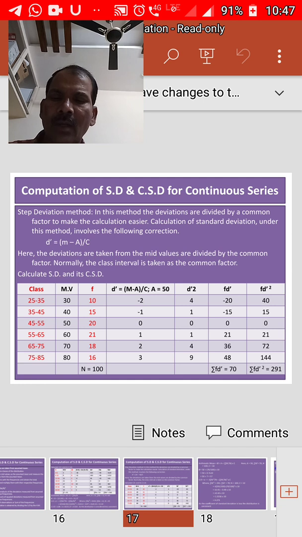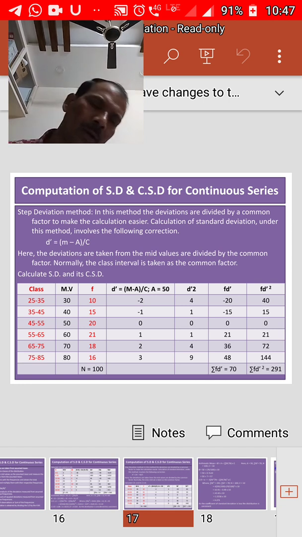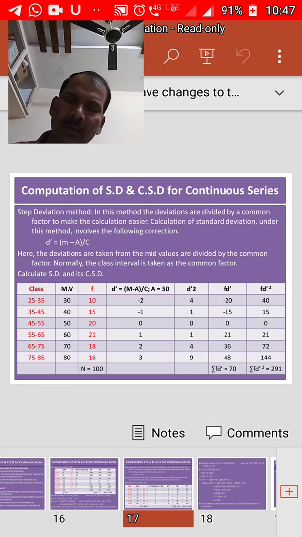Whereas if you multiply the frequencies with d dash square, that is f d dash square, that is 10 into 4, 40; 15 into 1, 15; 20 into 0, 0; 21 into 1, 21; 18 into 4, 72; 16 into 9, you will get 144. If you add all these, you will get sigma f d dash square.